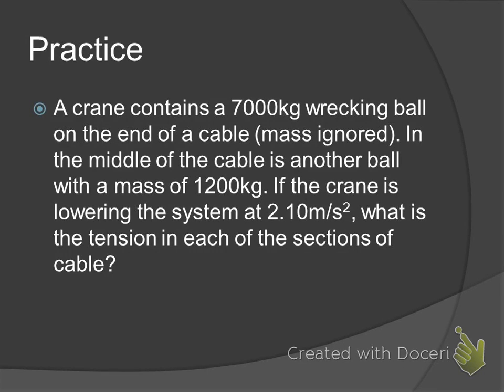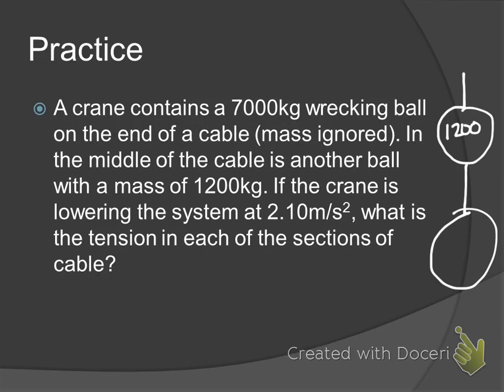Okay, we've got some object. There's an object hanging, a cable between them, and a second object. So here's our 1,200 kilogram and our 7,000 kilogram. Each of these has its own free body diagram.